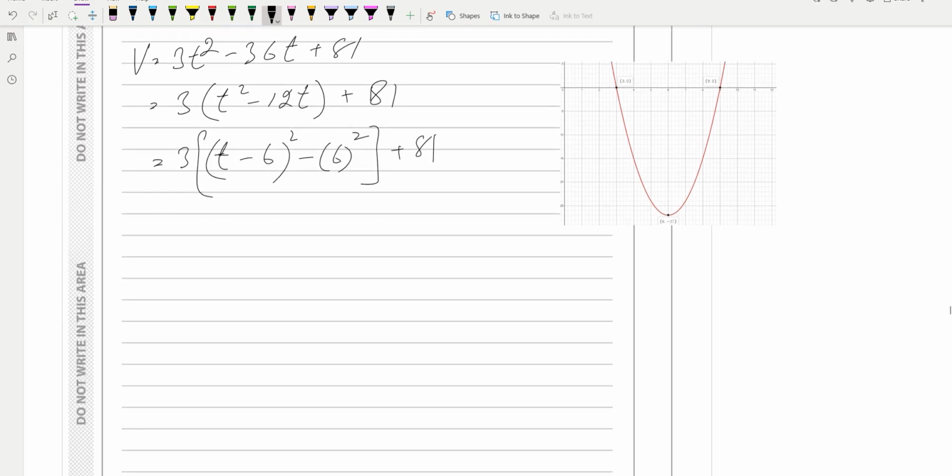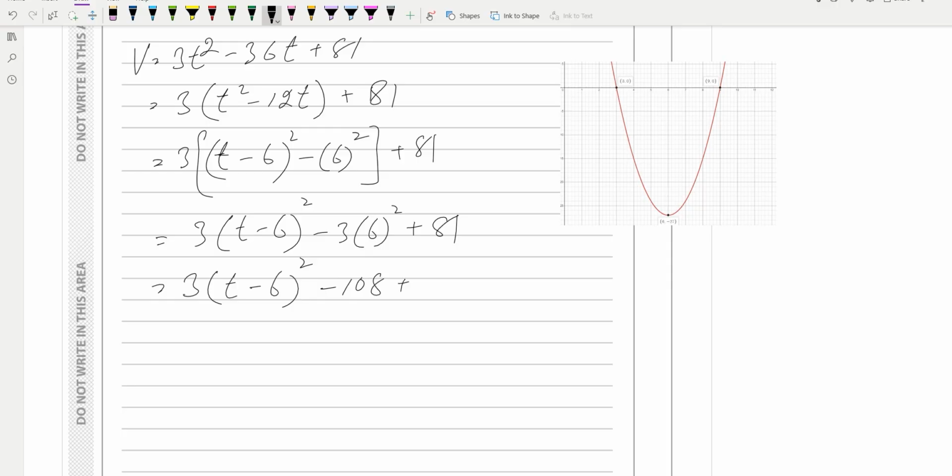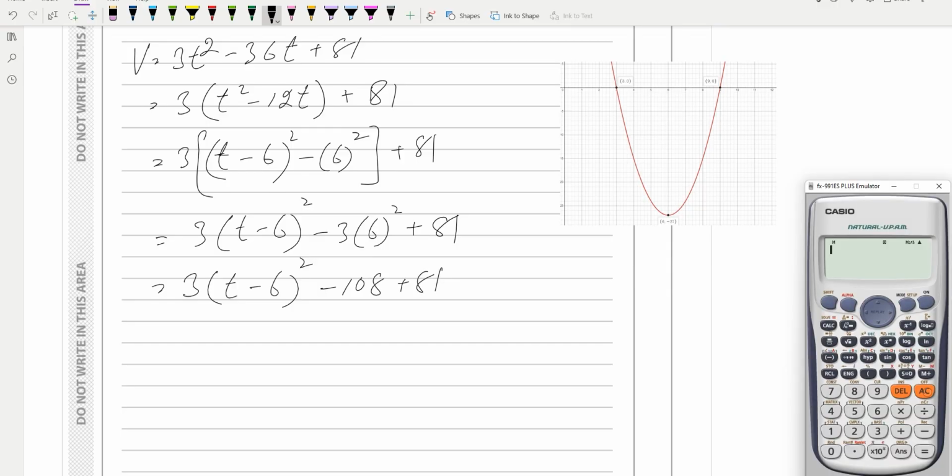Now we can rewrite it by opening the bracket: 3 into t minus 6 squared, and minus 3 into 6 squared plus 81. 6 squared is 36, and 36 into 3 is 108, so minus 108 plus 81 is equal to minus 27.